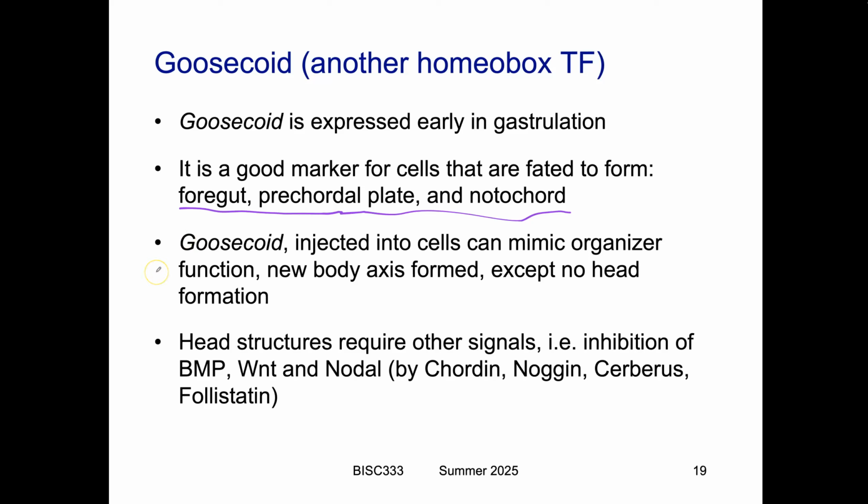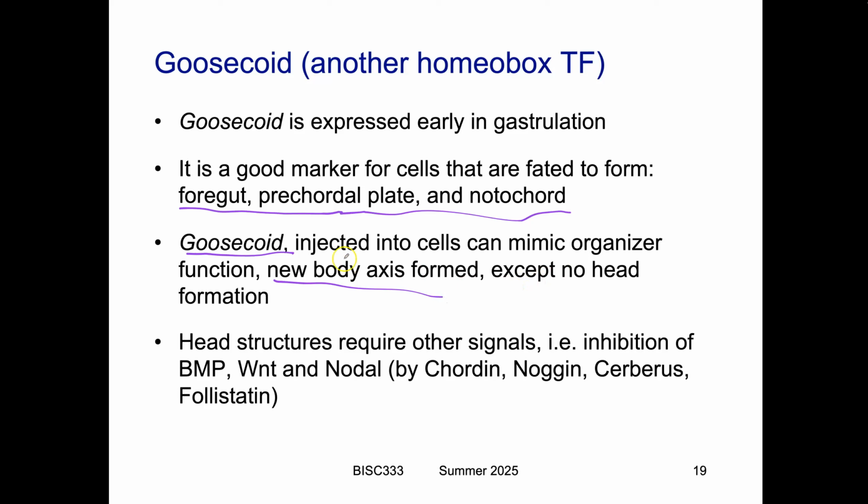You can actually do an experiment that looks a little bit like the transplant of the dorsal lip of the blastopore. If you inject goosecoid RNA into ventral cells, it can mimic the organizer function. The protein gets translated from the messenger RNA, of course, and then that leads to the expression of genes required for new body axis formation.